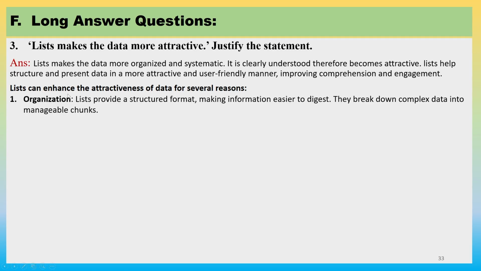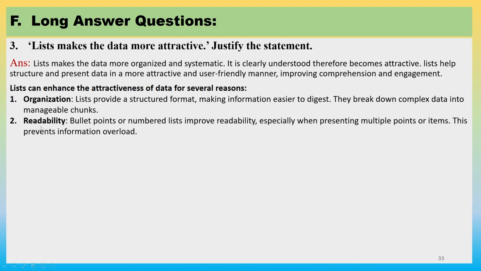Now, lists can enhance the attractiveness of data for several reasons. One of the reasons is organization. Lists provide a structured format, making information easier to digest. They break down complex data into manageable chunks. Second point says readability. Bullet points or numbered lists improve the readability, especially when presenting multiple points or items.